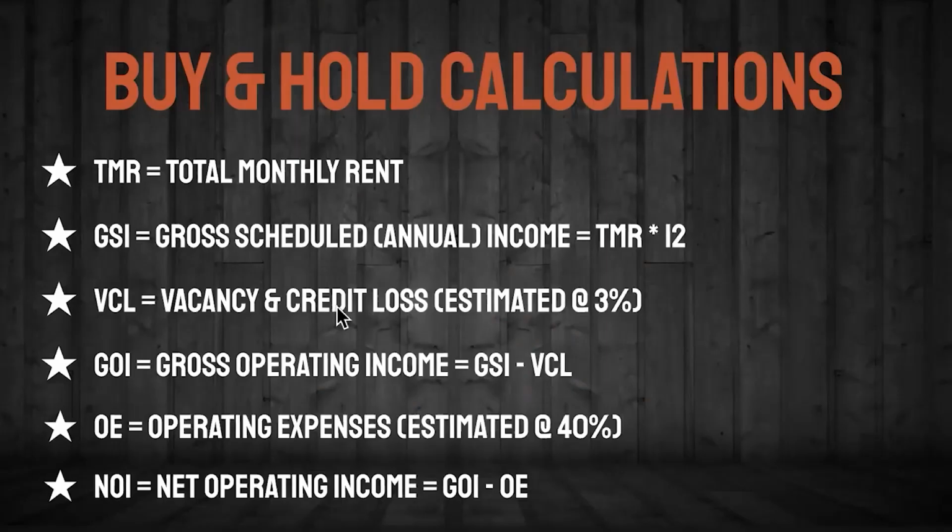The next part of this is operating expenses. We'll go through an example here in a little bit to help you put all this together, but I want to make sure you understand these terms because the terms are important. Operating expenses is the one that is most commonly not thought of, misunderstood, miscalculated.